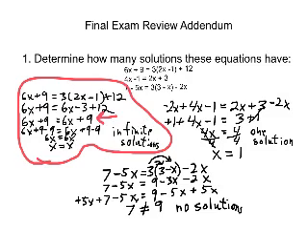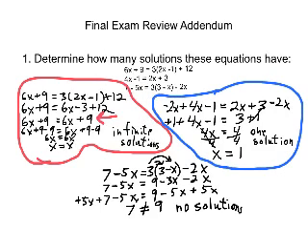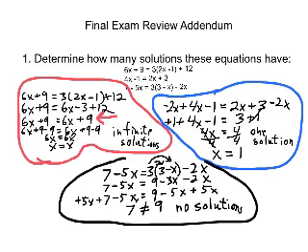When you see that, when both sides are equal, then you know there will be infinite solutions. Then, this is what we're used to. We find that we get one solution, of course, it's one solution. And then the last one, when we realize that the two sides cannot be equal, then there's no solutions.